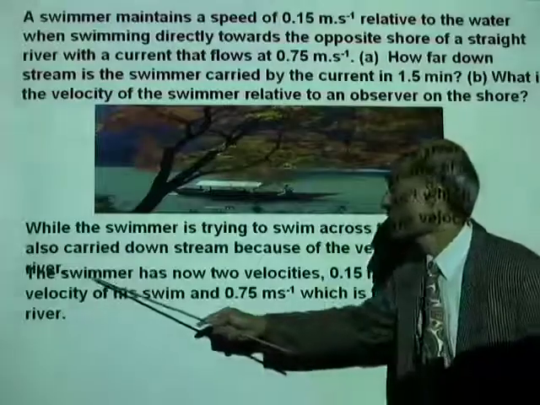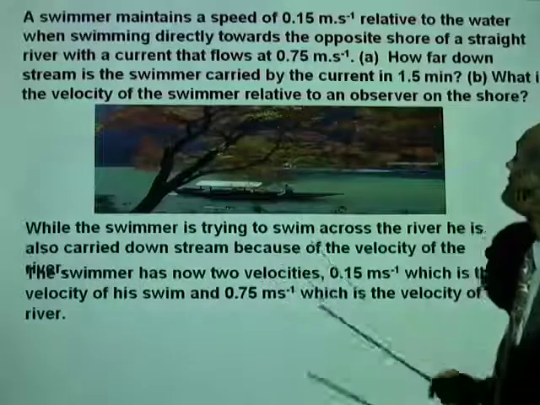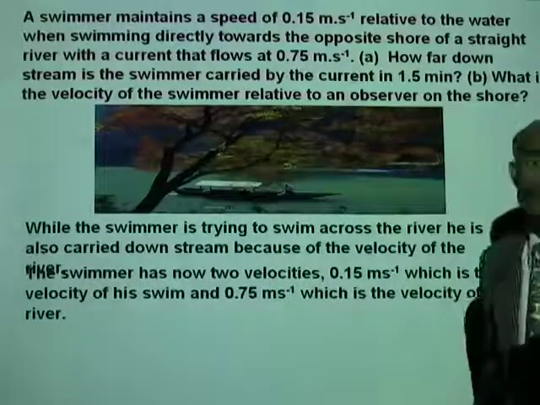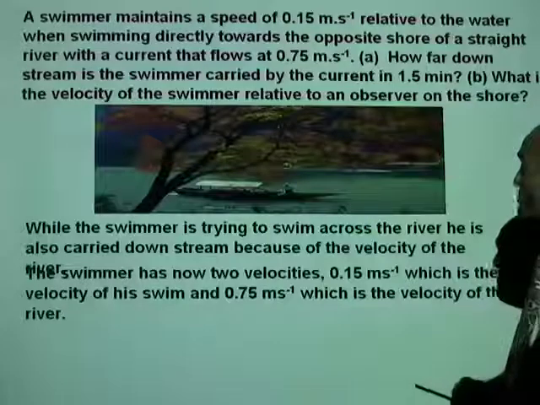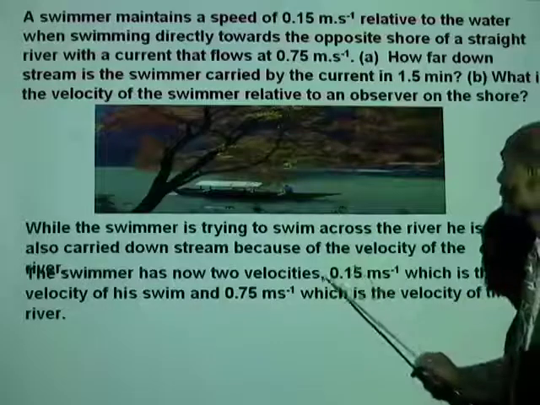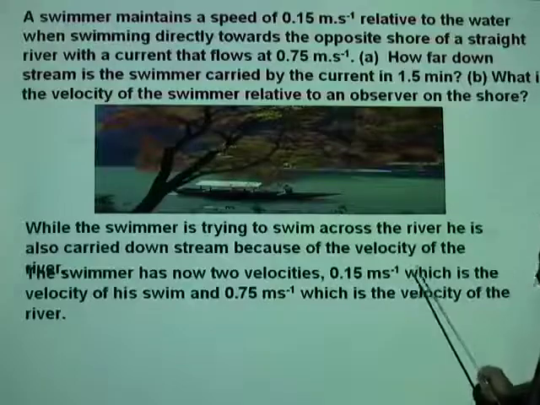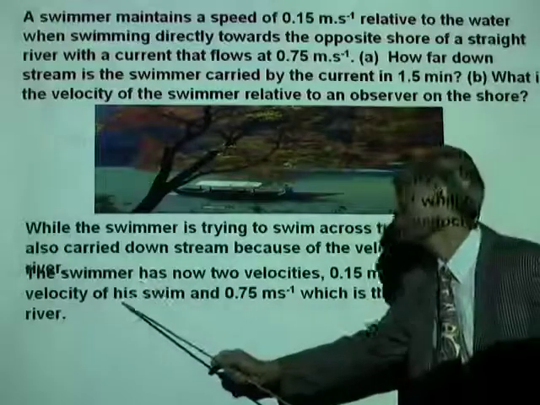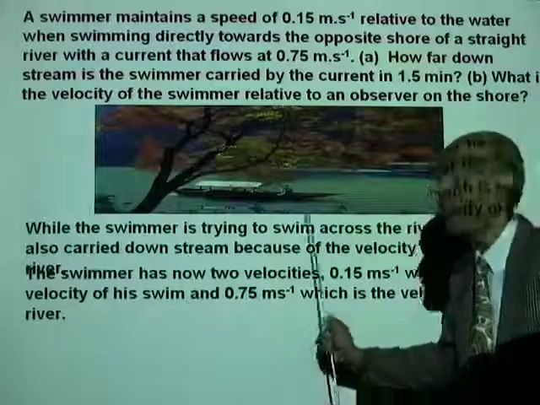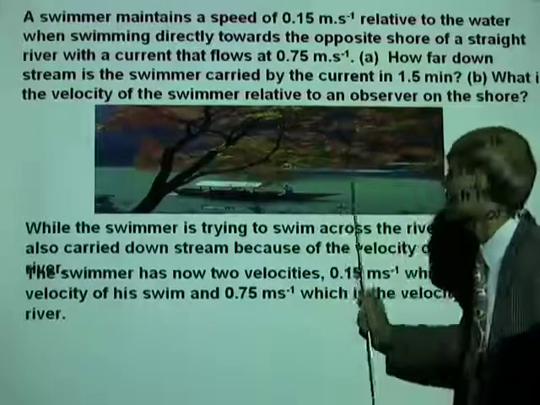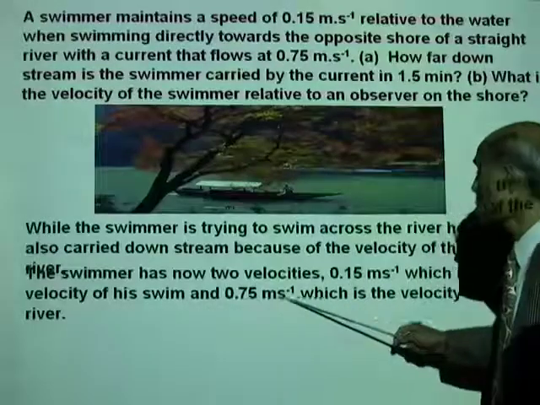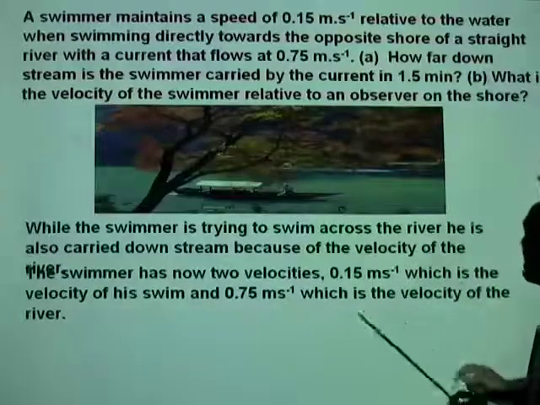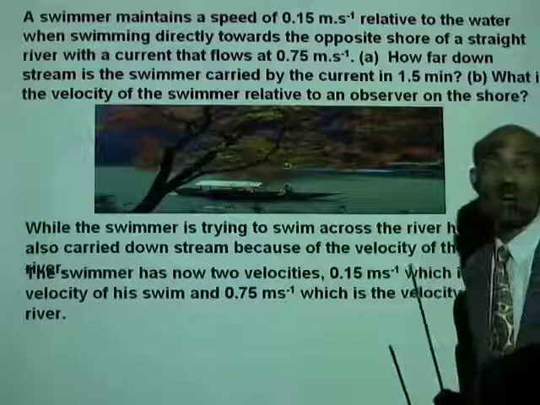Now, the swimmer has two velocities. What are the two velocities the swimmer now has? 0.15 meters per second, which is the velocity of his swim, right across the river, and 0.75 meters per second, which is the velocity of the river.